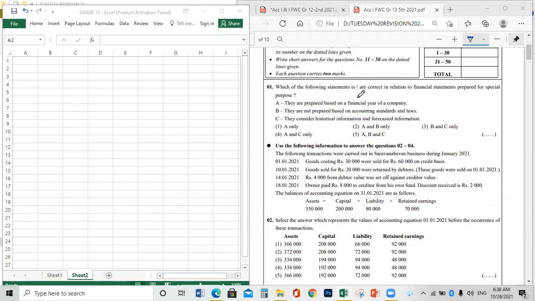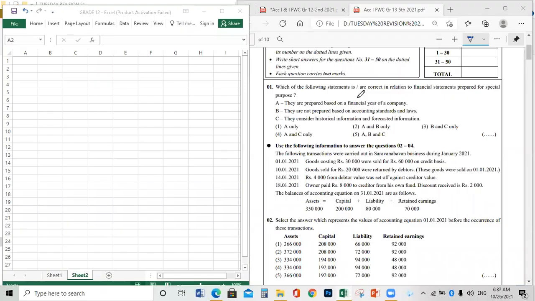Which of the following statement is or are correct in relation to financial statements prepared for special purpose? Okay, so if you take financial statements, guys, there are two purposes you can provide the output. That is, you can say general purpose and special purpose.